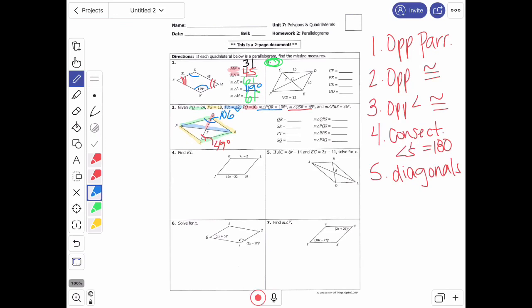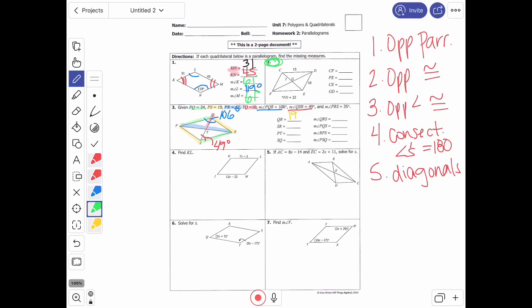If I look at the first one, QR, that's my yellow side. PS is 19, that's straight from the directions. So since PS is 19, QR is also going to be 19. Then SR is highlighted in green, so it should be congruent with the PQ side.